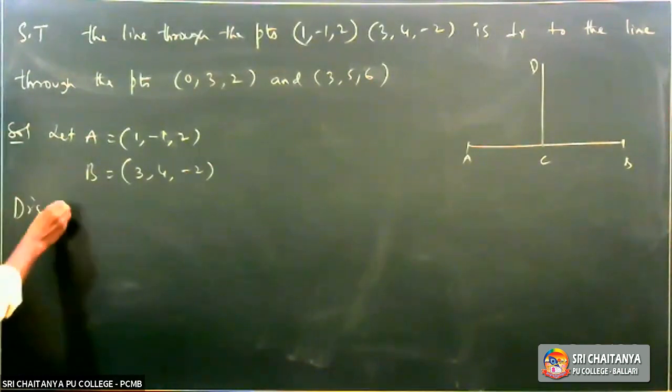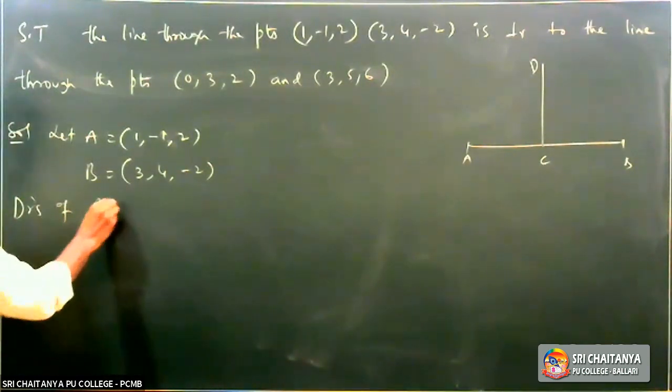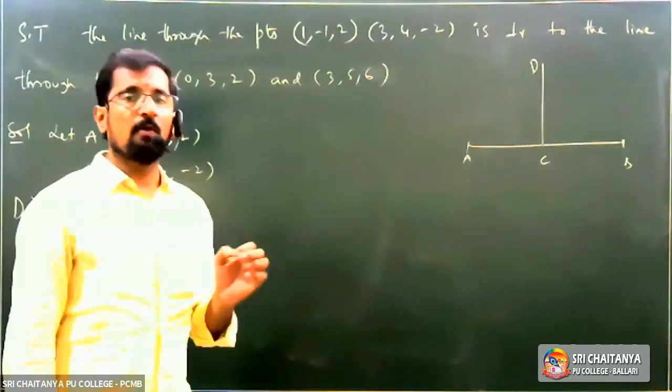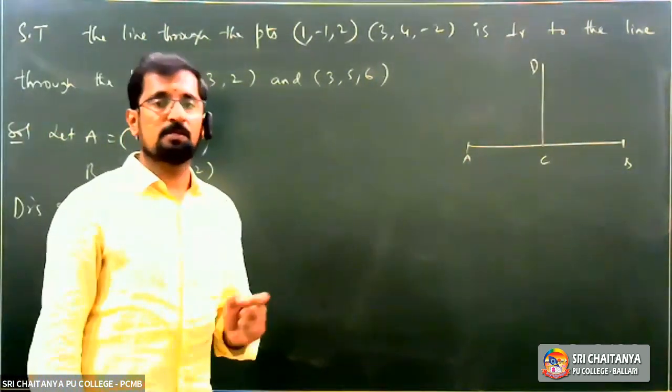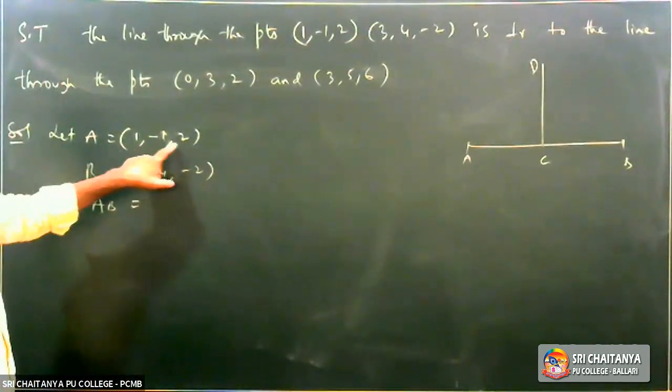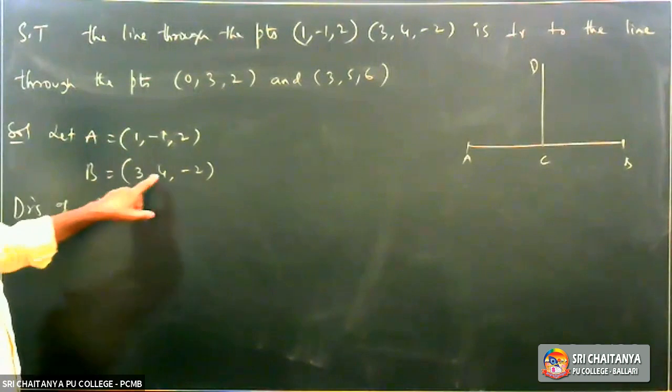Find out the direction ratios of the AB line. I am repeating how to find the direction ratios of one line. You should consider x1, y1, z1, x2, y2, z2.